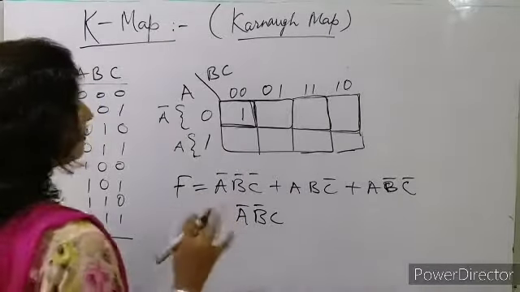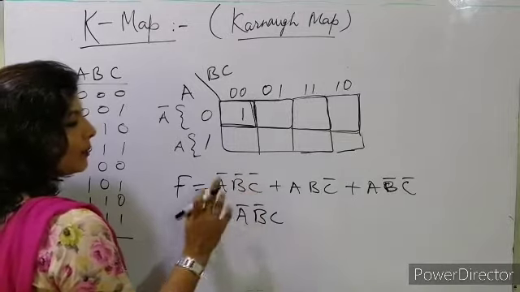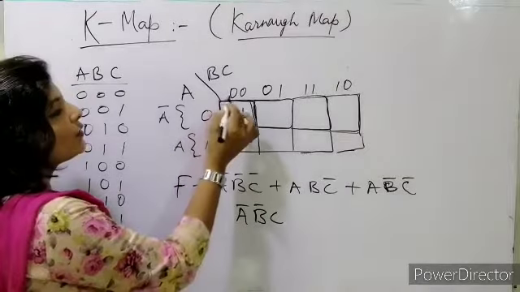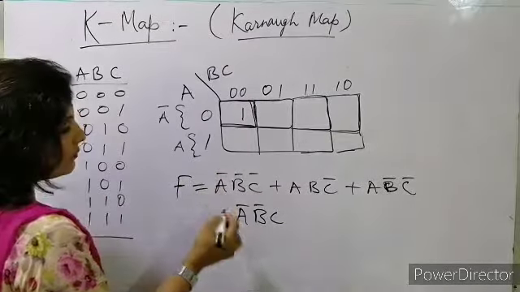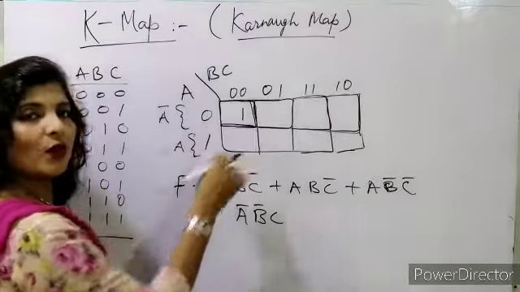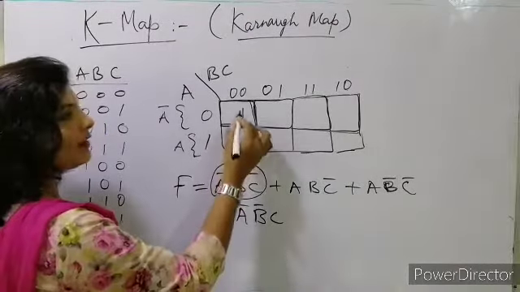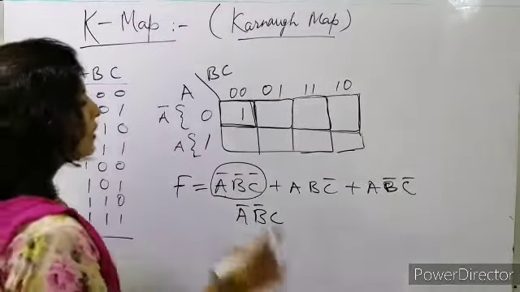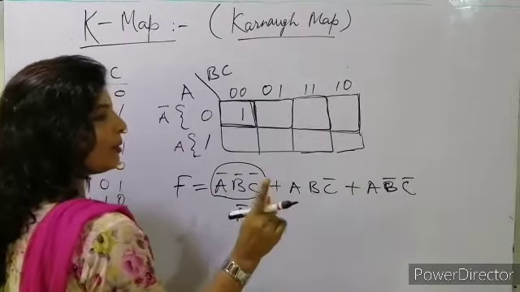What will we do? A bar B bar C bar means all are 0, so 0 0 0 means A bar B bar C bar. Now this is included in the function, so we'll write 1 for this square, one min term. For this min term we'll write here 1. Got it? Similarly A B C bar means A and B should be positive.